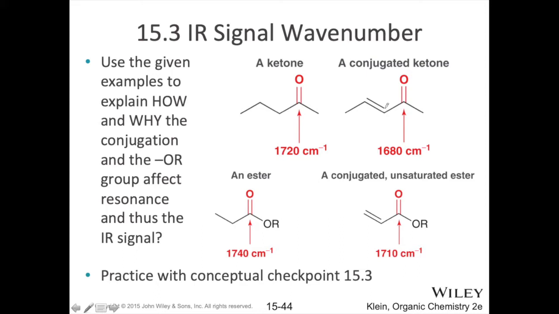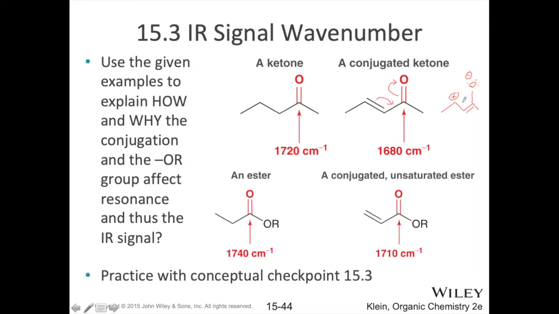So if I were to draw an electron pushing diagram here, if I have these electrons move up here, and I have some partial bond character here, a partial positive charge here, I could also have these electrons move over here. And that would give us a resonance structure that looks like this. So we have our partial positive charge over here and our partial negative charge over here.